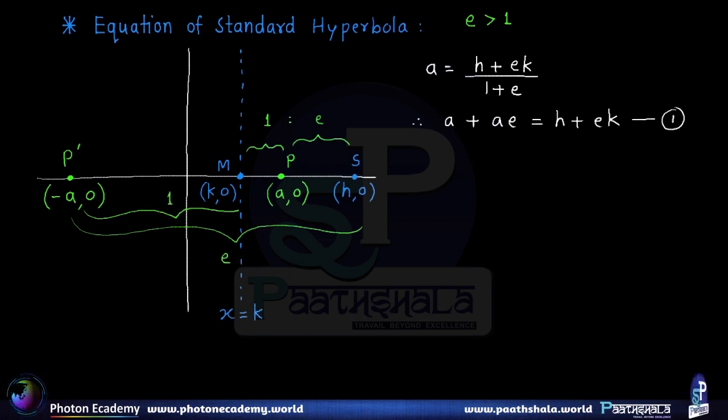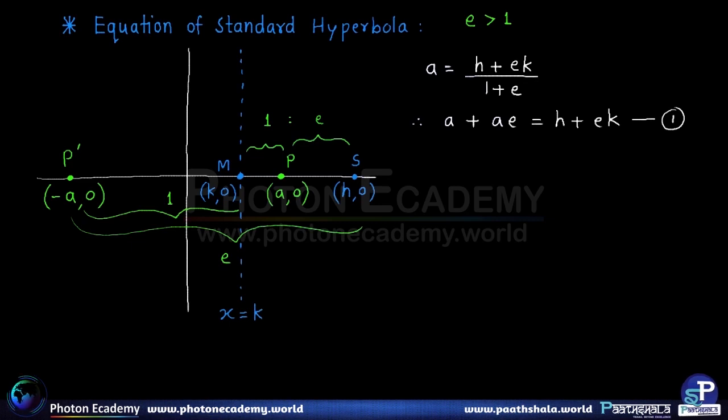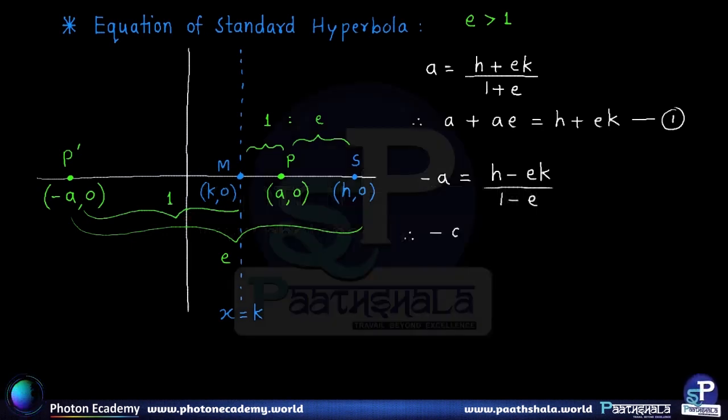So writing the section formula for external division, we have minus a is equal to (h minus ek) upon (1 minus e). So on cross multiplying we'll get minus a plus ae is equal to h minus ek. Let's call this equation 2.